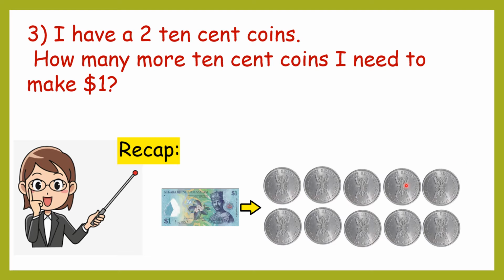Now you can see from here 1, 2, 3, 4, 5, 6, 7, 8, 9, 10. So $1 is the same as 10 coins of 10 cents. Now remember, I have two 10-cent coins. So how many more 10-cent coins I need to make $1?